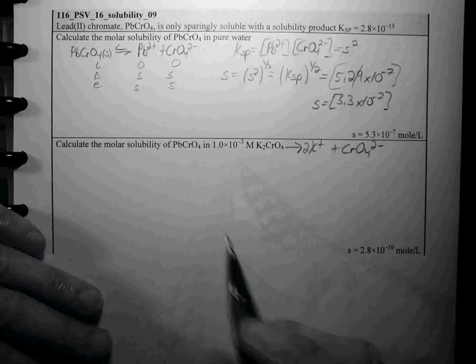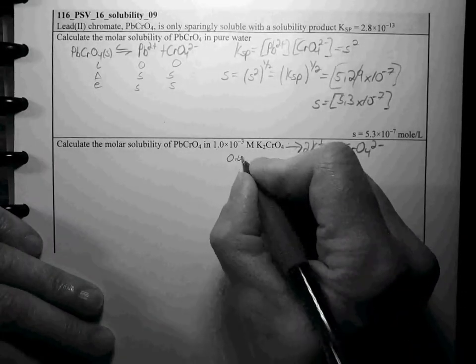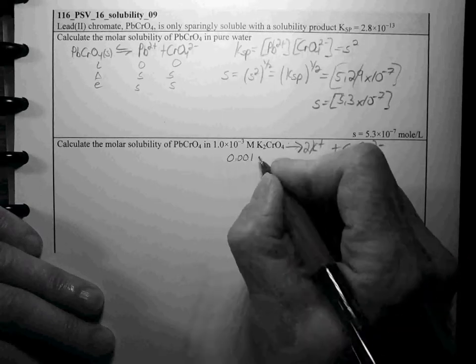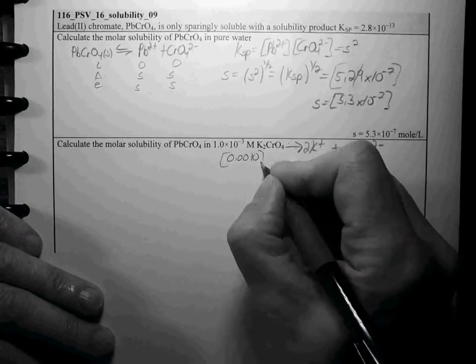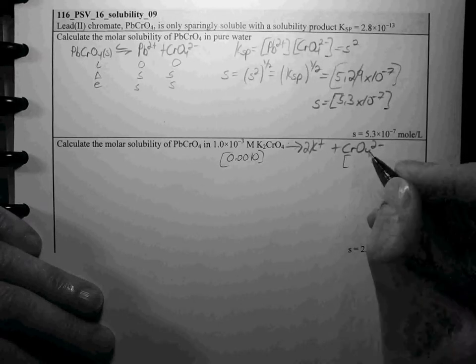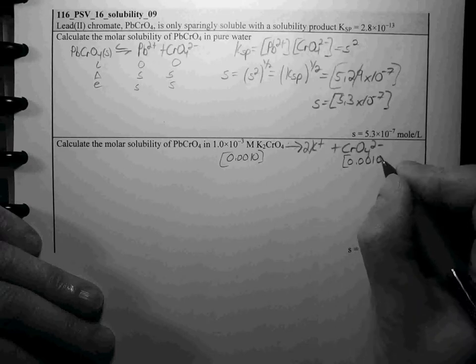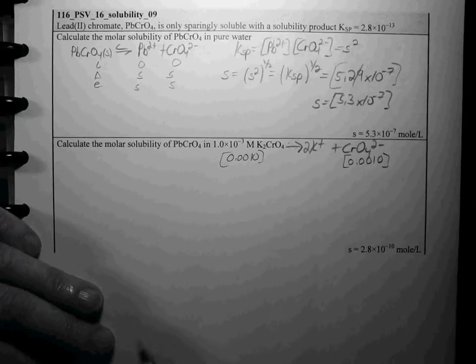So if initially we have 0.001 molar potassium chromate, since all of it dissolves, our initial chromate ion concentration is 0.0010 moles per liter.